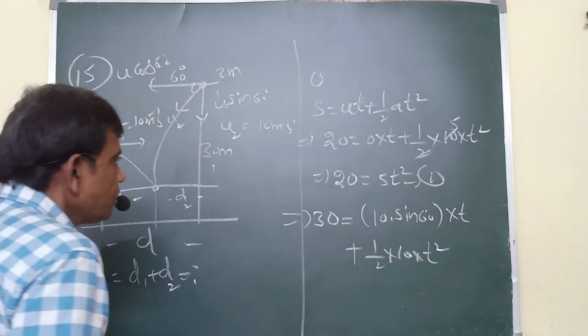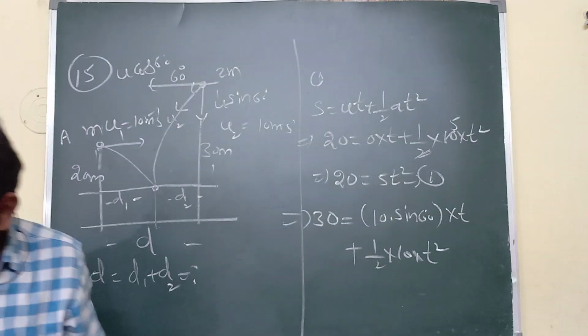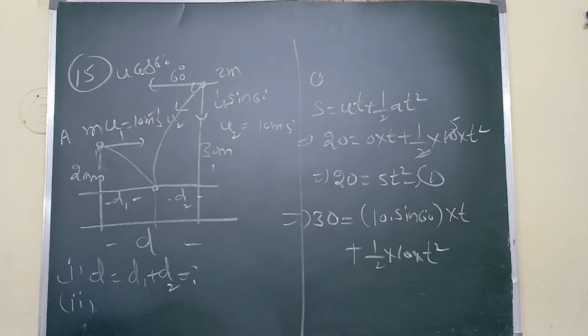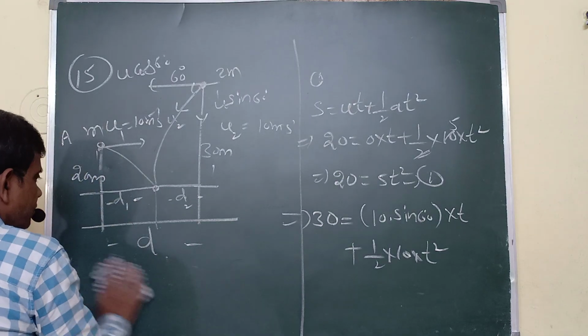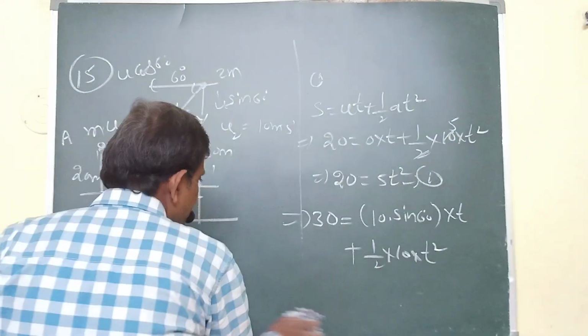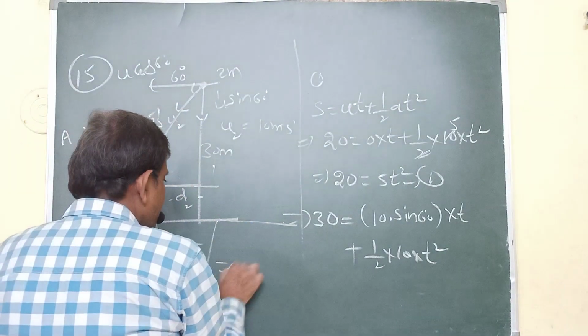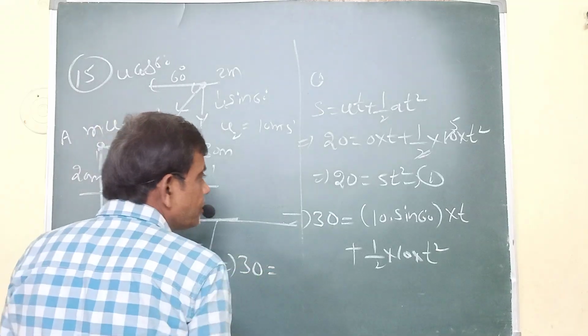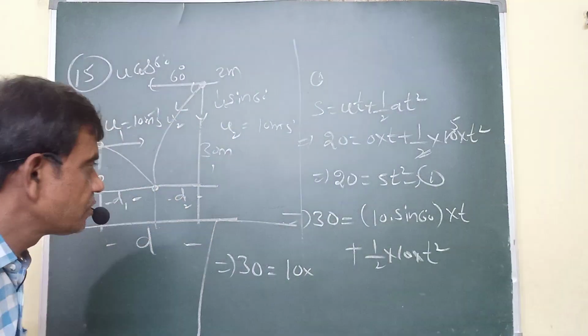From that equation I find the t value. 30 equals 10 into sin 60. What is the sin 60 value?